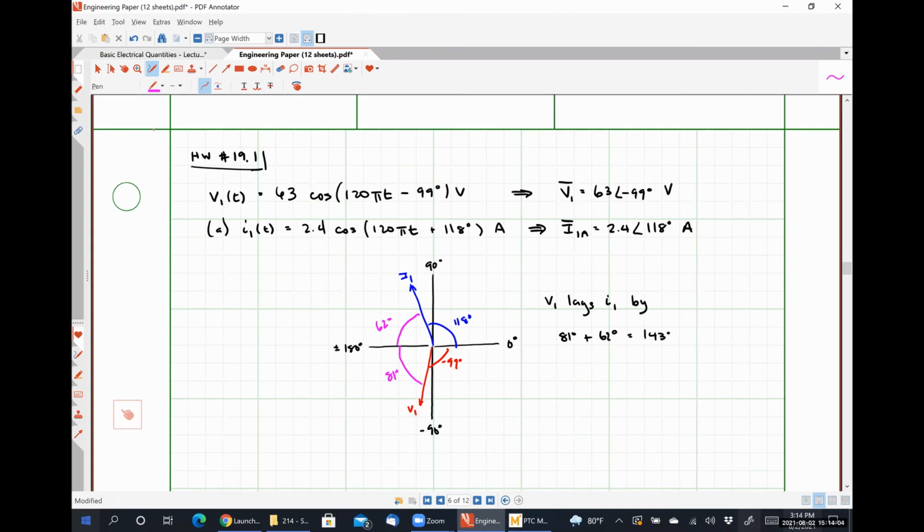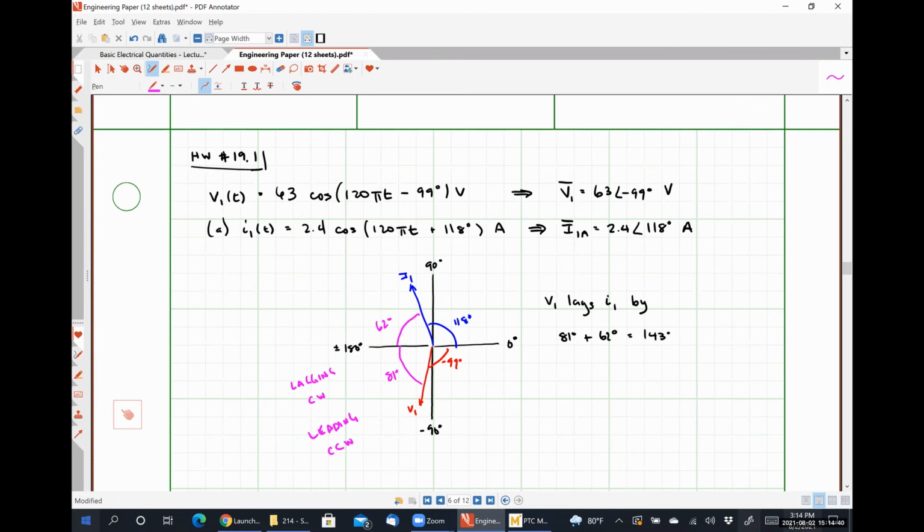Exactly right. Lagging is clockwise, leading is counterclockwise. Now I just looked up what WebWork considers to be the correct answer for this problem, and it says the correct answer is negative 217 degrees. Well, 143 minus 360 is negative 217 degrees. This is where we get to what I talked about.